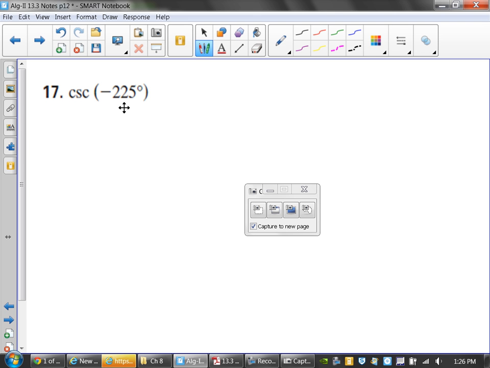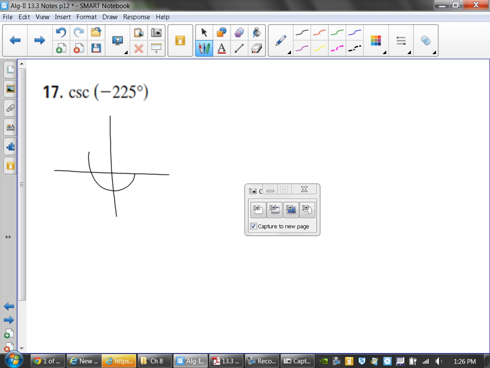It has to. It's a nice little trick. Your reference angles are either going to get you to 180 or 360. If my angle itself is at 225, the only way I can get to a 0 with that is by adding another 5 or subtracting a 5 from it. It has to be a 45-degree reference angle. The only thing I have to concern myself with is what quadrant it winds up in.